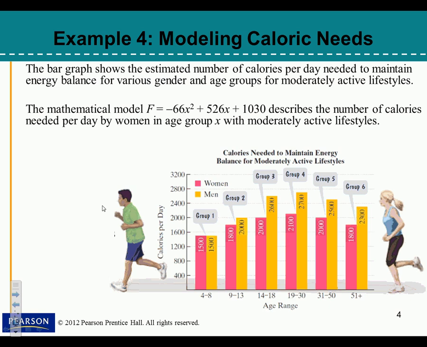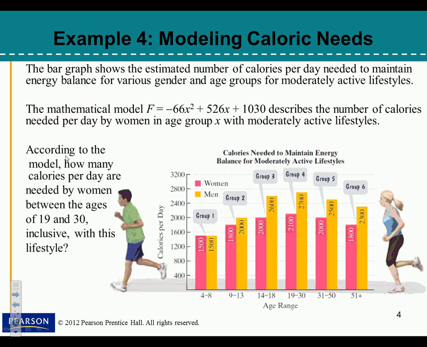So what they want us to find, according to the model. That doesn't mean go read the chart and whatever the numbers are. According to the model, and this is our mathematical model, this equation, how many calories per day are needed by women between the ages of 19 and 30 inclusive with this lifestyle?